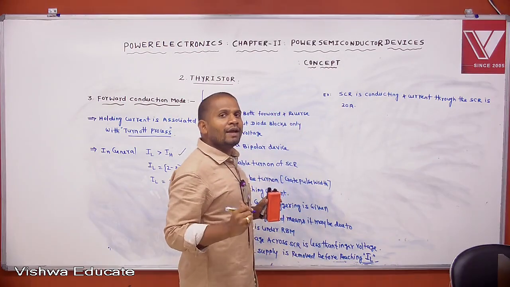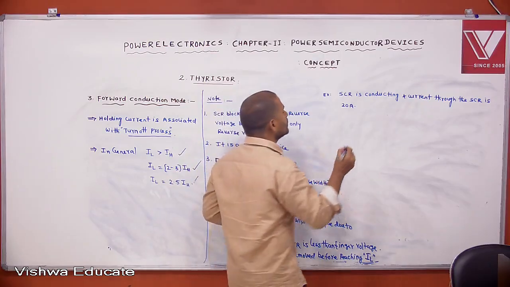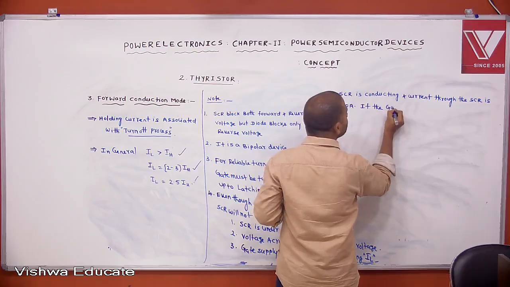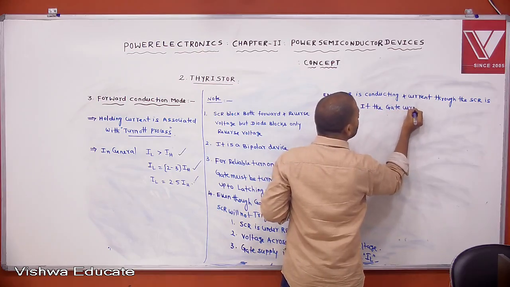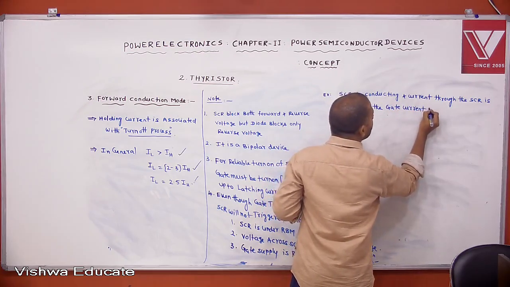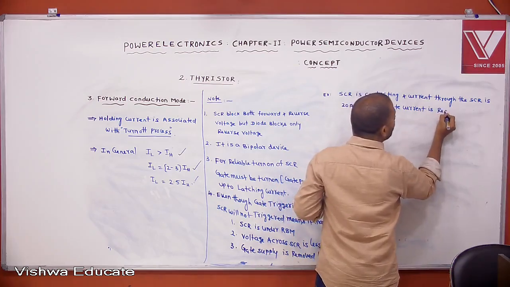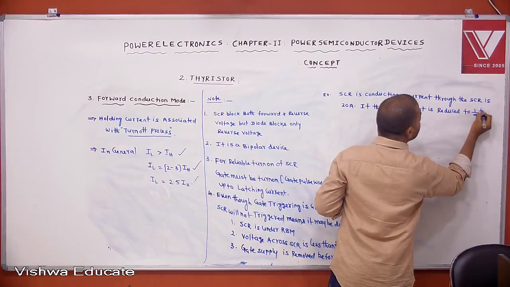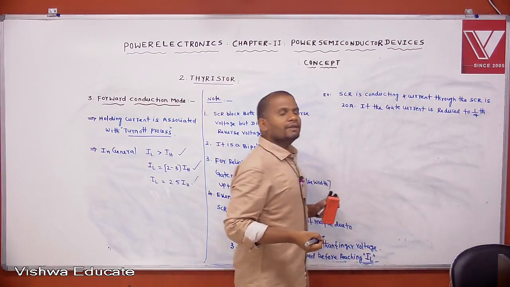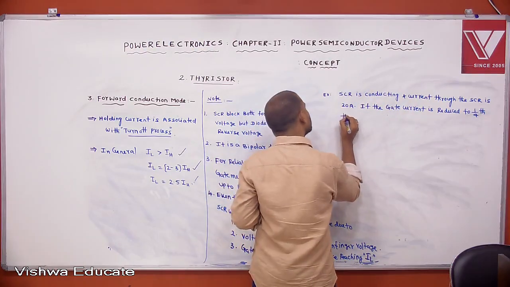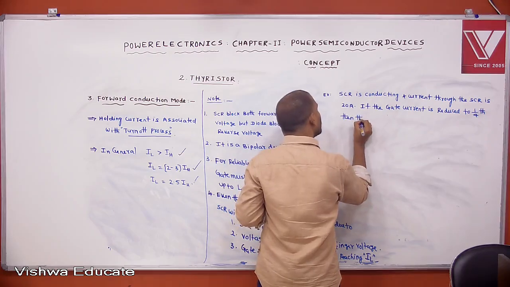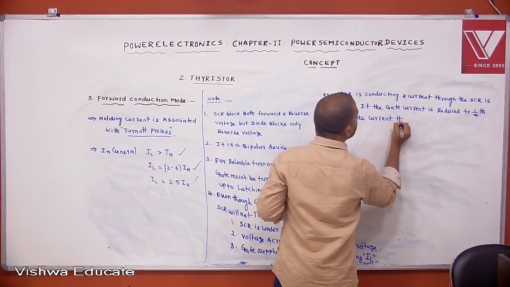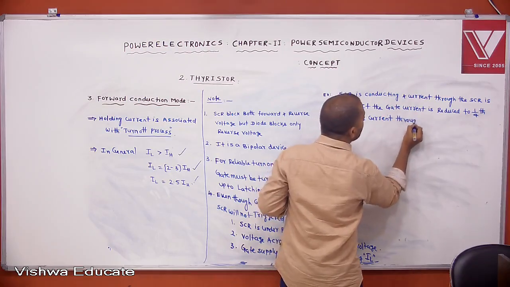If the gate current is reduced to 1/4, then the current through the SCR is dash.